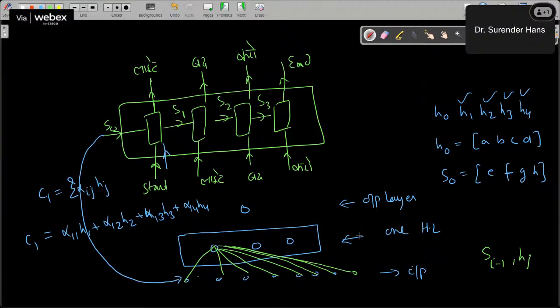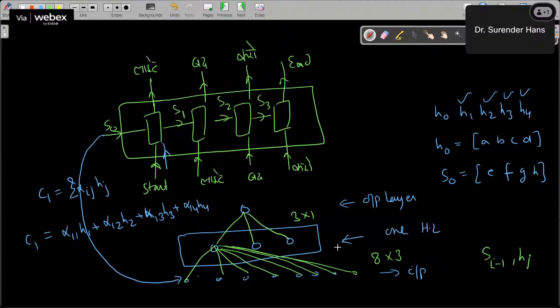And since you have this fully connected layer, your weight on this side, from the input layer to this hidden layer, is 8 cross 3. And here the weight is 3 cross 1.